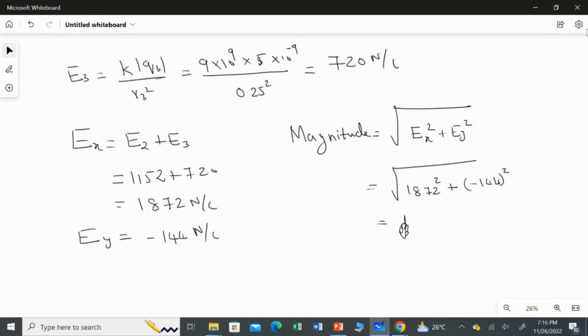Square root of 1872 squared plus negative 144 squared. I got 1877.5. Better I can round the value. 1877.5 I got. So I can round this to 1878 Newton per coulomb, right?